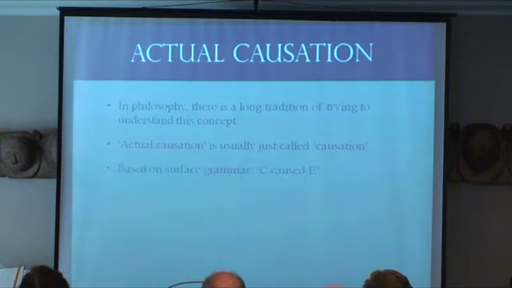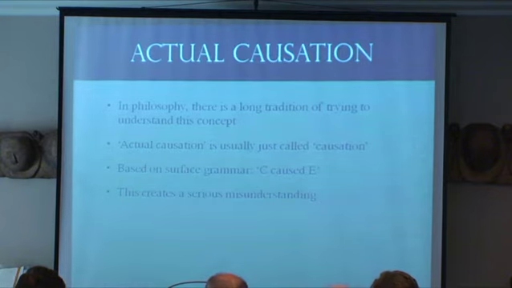And you can understand that, it's just coming from the surface grammar of the claims that are made. C caused E, Susan's distracting the chef caused the soup to boil over. We don't say "was an actual cause of" in natural language.